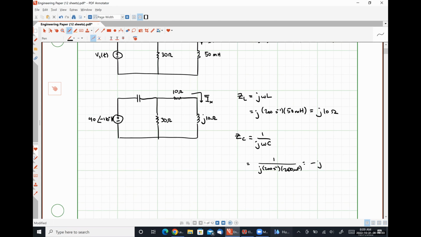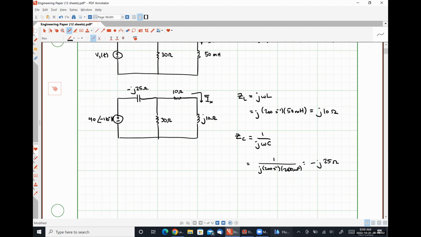Looks like negative j25 ohms. And now we have converted our circuit from the time domain into the frequency domain.